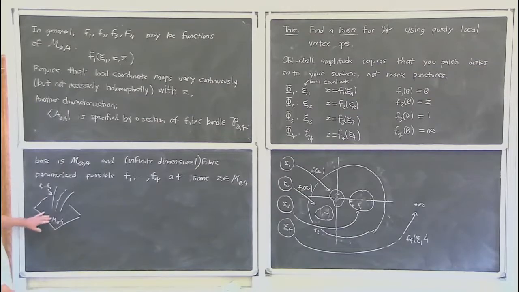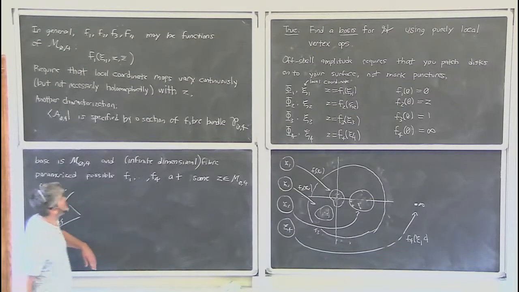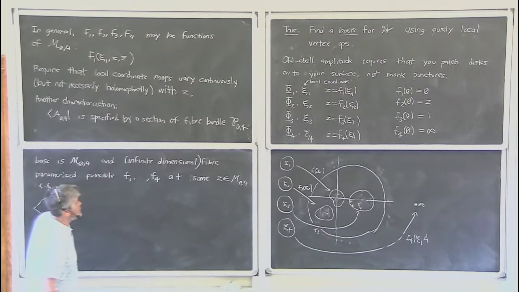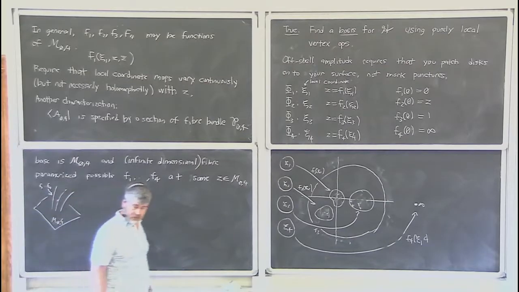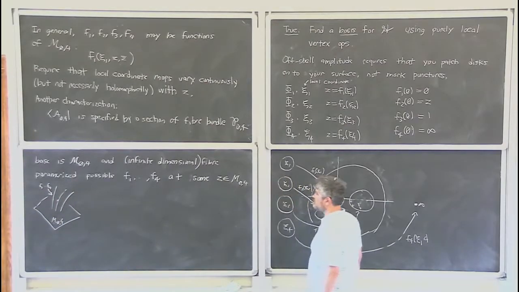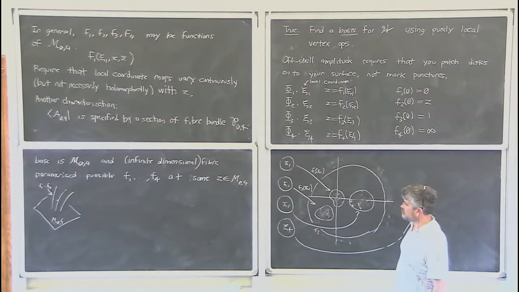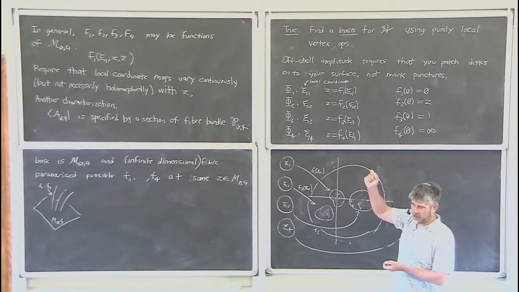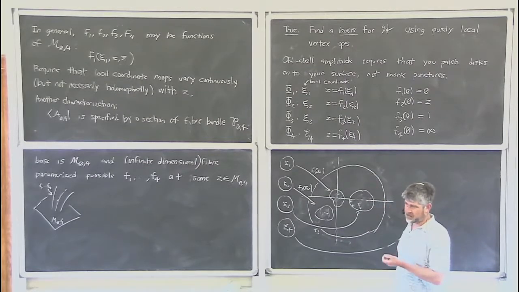So we're looking for a section of this fiber bundle over the moduli space. I'm just thinking of a fiber as lying over some point on M04.